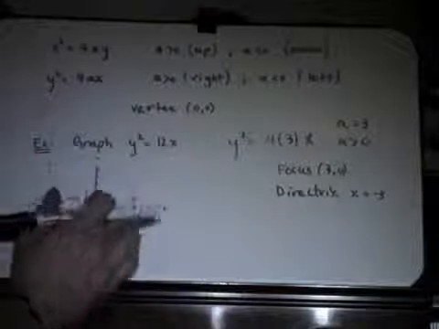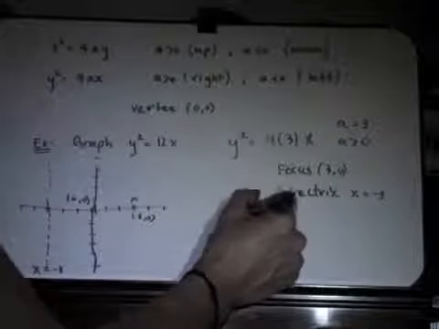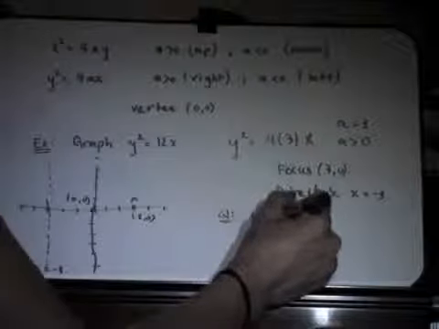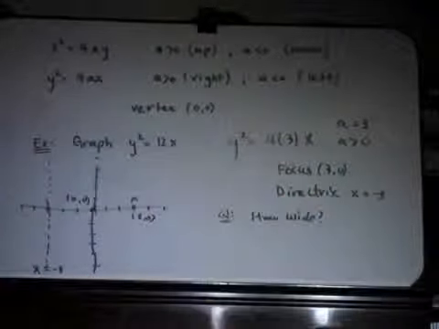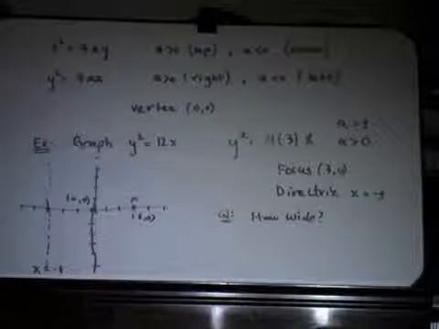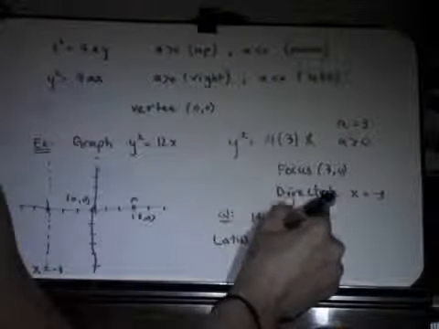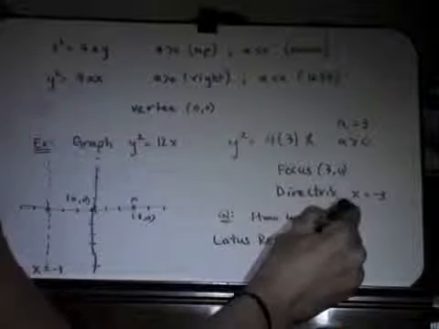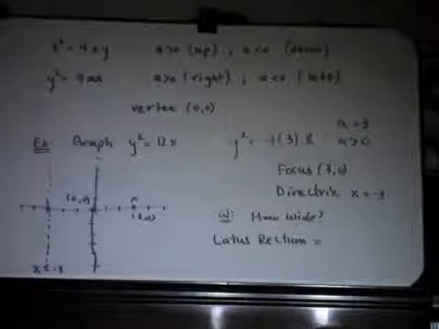Now, I'm going to graph my parabola opening to the right, but there's one more thing that I want to consider, which is how wide should this parabola be? One other piece of information that we haven't talked about yet is the latus rectum. The latus rectum is essentially going to be a line.